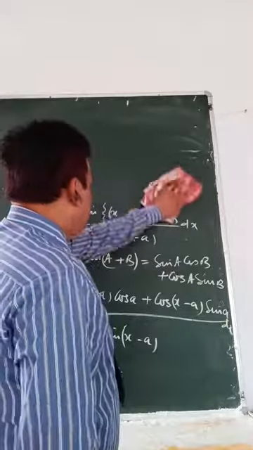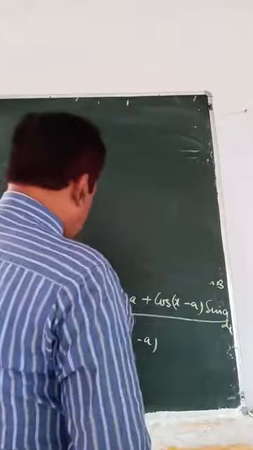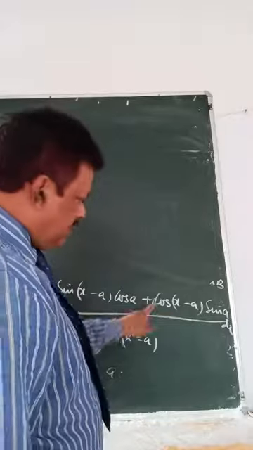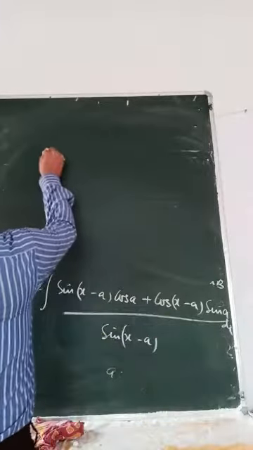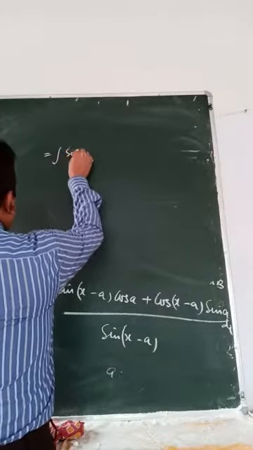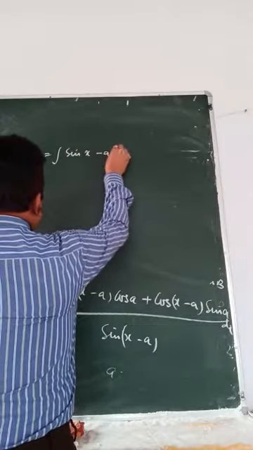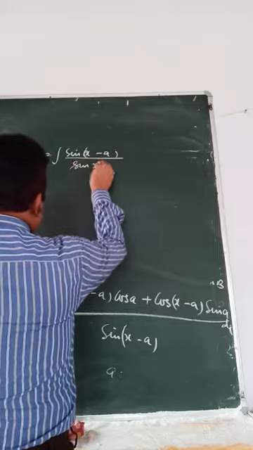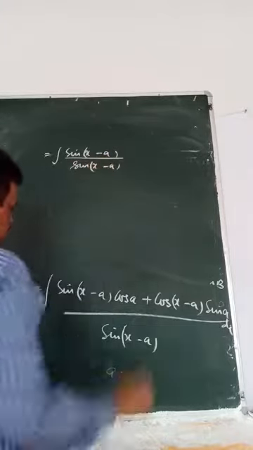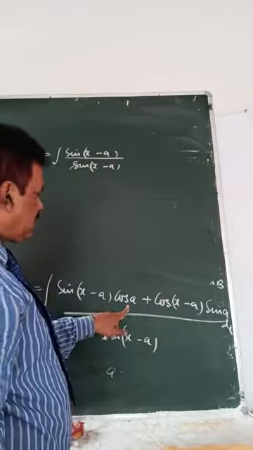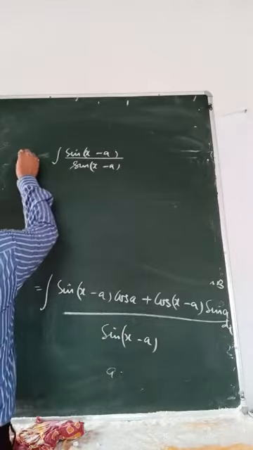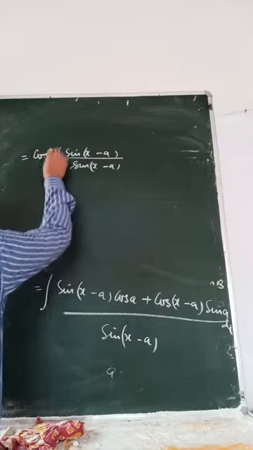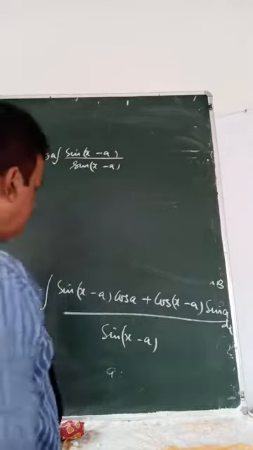Then individually divide it: sin x minus a by sin x minus a. But I will tell you one thing here, cos a is constant, so you can keep it outside. Cos a can be kept outside dx.